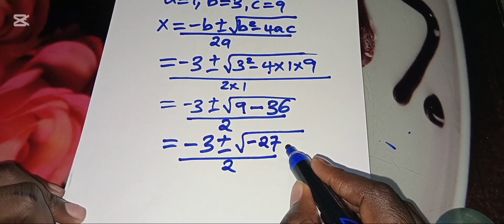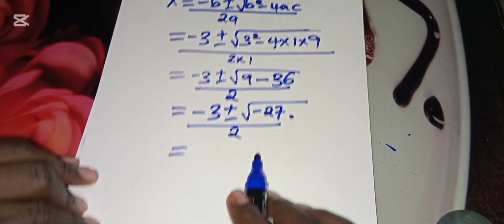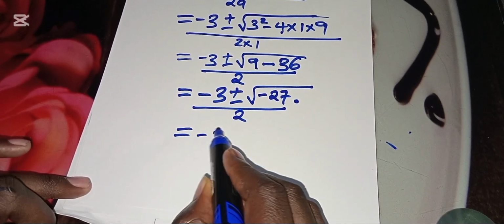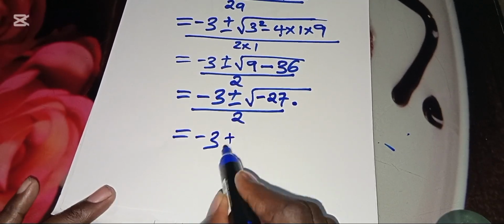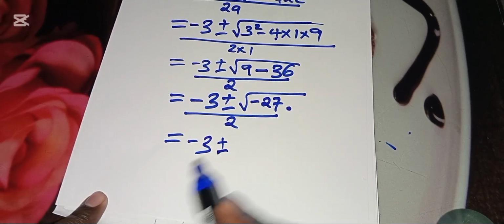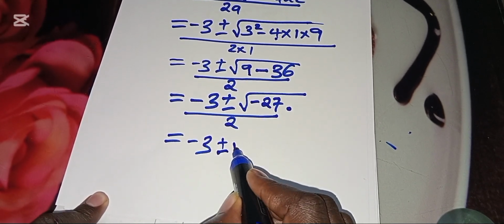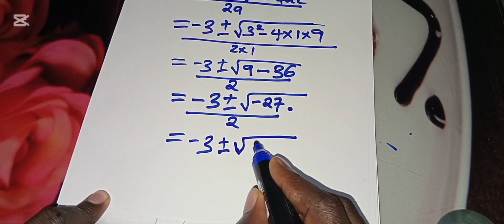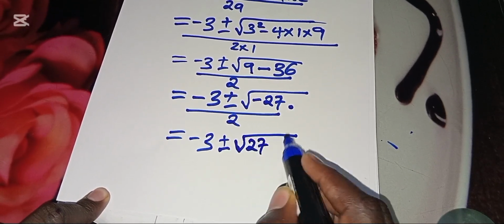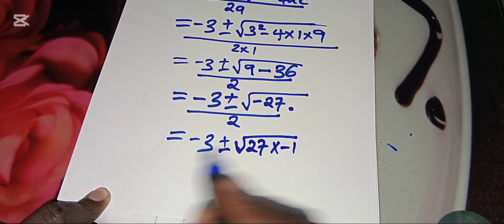Negative 27 can be expressed as 27 times negative 1.